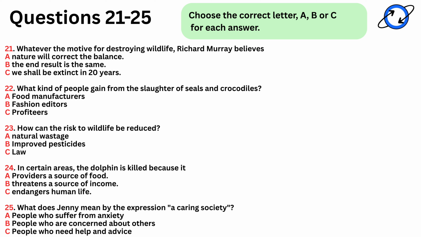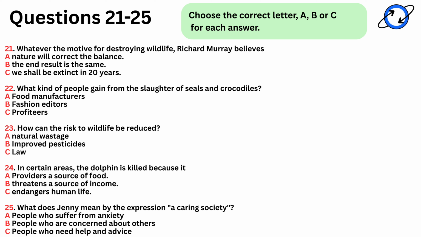Richard Murray, a zoologist and popular TV personality, has been giving a talk on endangered species of wildlife to members of the Young Conservationists Association in a small town in the south of England. Listen to the extract from the discussion he had with 2 of the young people after his talk.